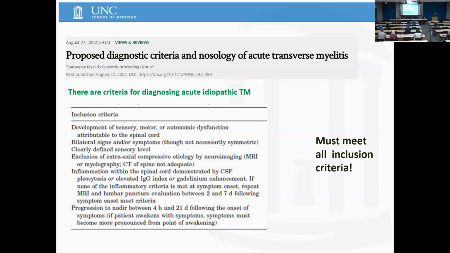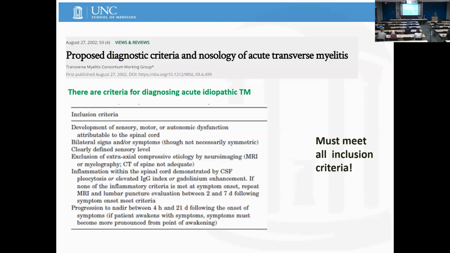And just to walk you through this, the inclusion criteria are that the person has to have sensory, motor, or autonomic dysfunction that we would attribute to the spinal cord, not to another cause. Usually the symptoms are on both sides of the body, on the left and the right, but it doesn't necessarily have to be on both sides at the same time.